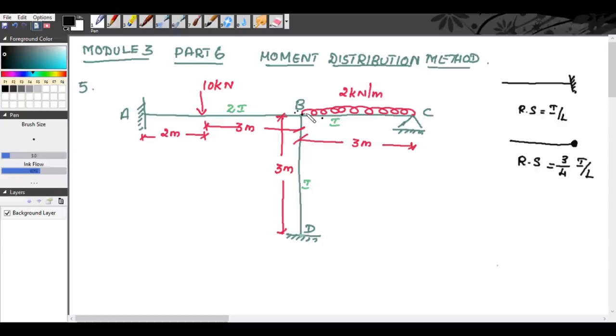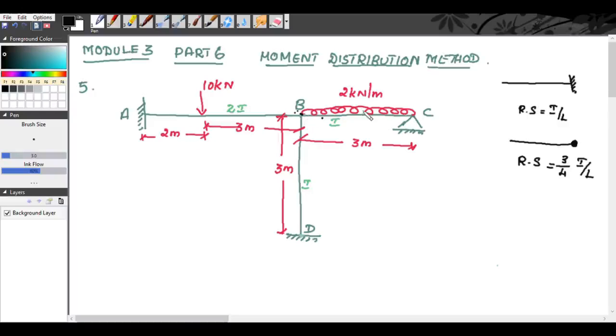Because the total moment at B will be equal to 0, how are these moments distributed? Now we will find the distribution factor. At joint B, when you are considering BA, the far end is fixed, so it is I by L, where I is taken as 2I and L is 5.